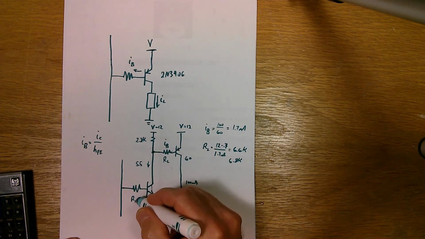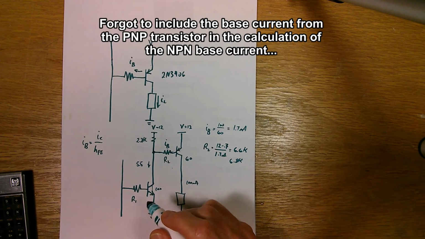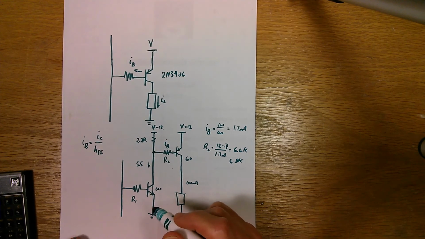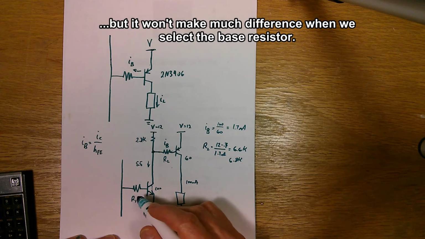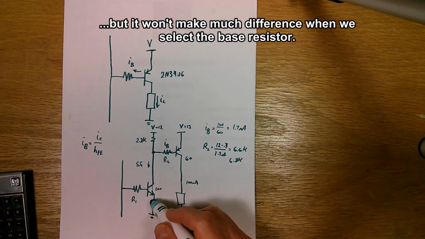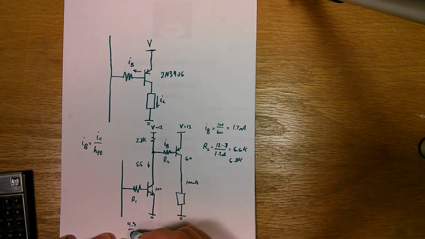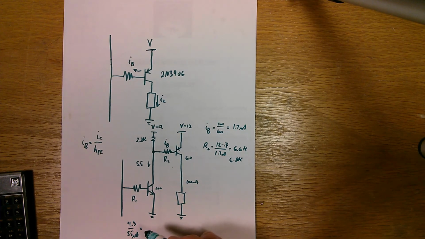So to figure out this resistor here, we've got an HFE of 100 on this one, so 5.5 milliamps divided by 100 gives me 55 microamps, and so R1 will be 5 volts minus 0.7, which gives you 4.3 volts, over 55 microamps. 4.3 divided gives me 79K.